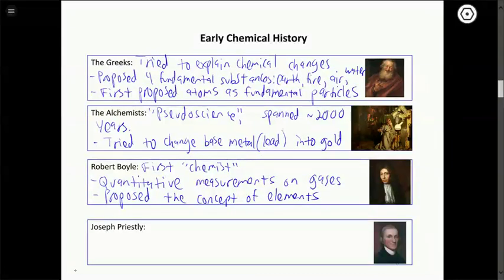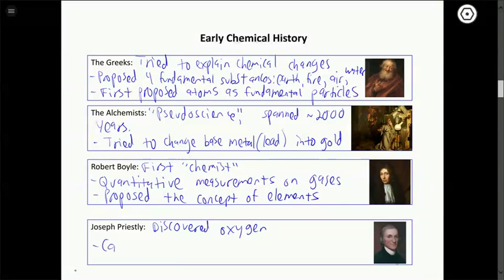As we'll learn later on, Boyle primarily did physical measurements. He measured properties of gases like pressure, volume, and temperature. The first person to really study chemical reactions in great detail was Joseph Priestley. He's credited with discovering oxygen, and he systematically studied a lot of combustion reactions that involve burning something in oxygen.